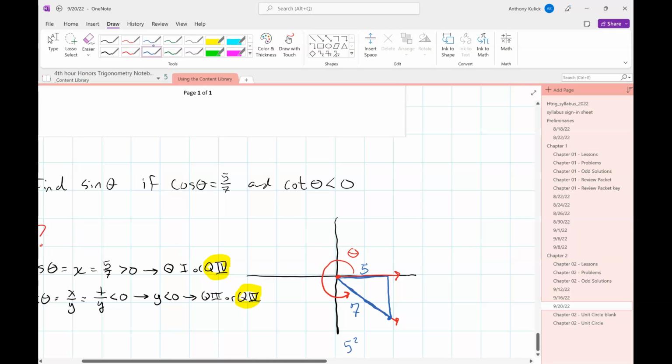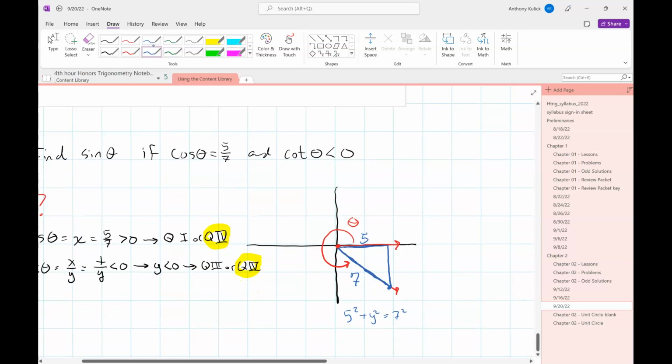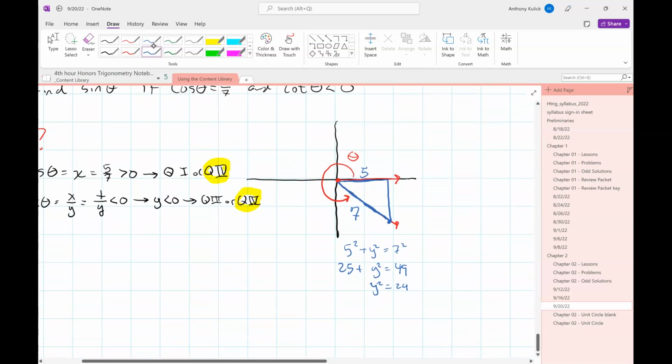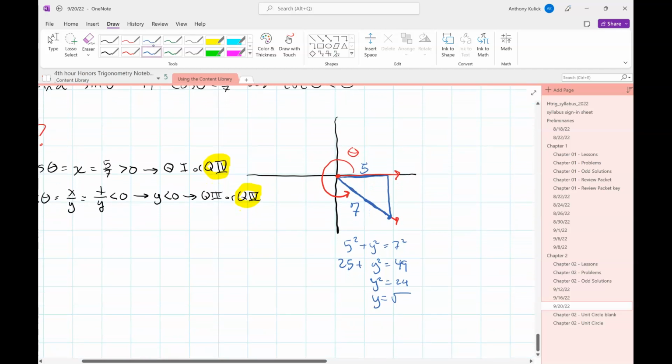So I know 5 squared plus y squared is equal to 7 squared. So 25 plus y squared is equal to 49. y squared is equal to 24. We'll square root both sides and reduce that radical. The square root of 24 is the square root of 4 times the square root of 6, or 2 root 6. Does that all look good so far?